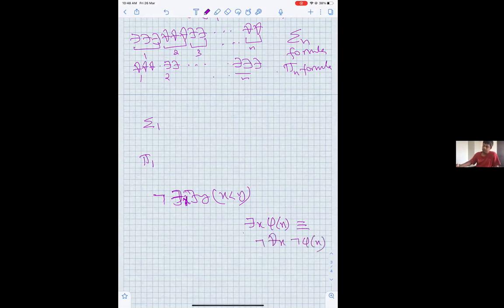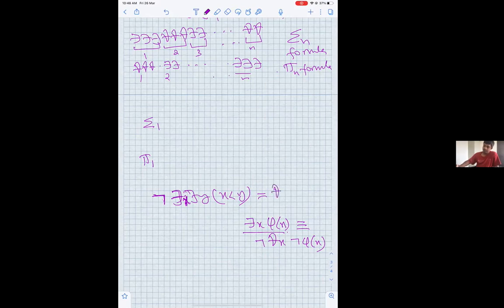What does this mean? This means that there is an x such that phi of x is true, or there is an even number, is the same as saying that it is not the case that all numbers are odd. So using this equivalence, every time I push negation inside, that will change it to for all, and it will be negation inside.